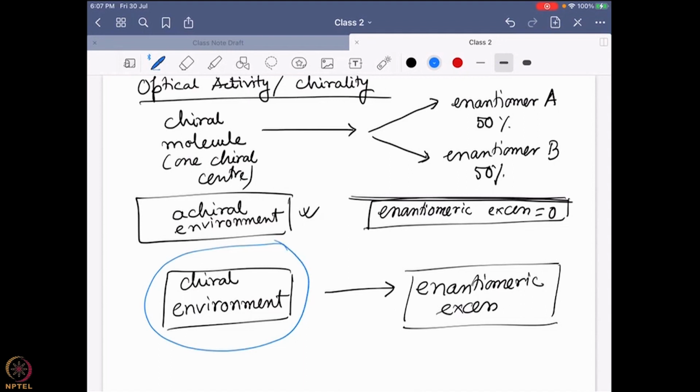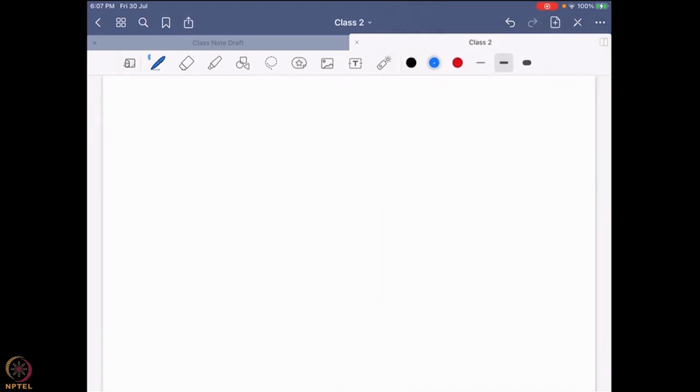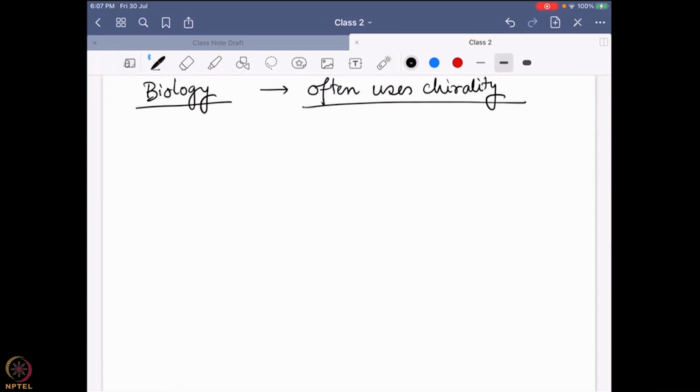Now, take a look into biology. If we take a look into biology, we'll find chirality is quite prevalent. Biology often uses chirality. So what is the proof of that? For the proof, I will tell about 3 different sets of molecules which can be recognized as the backbone of biology.